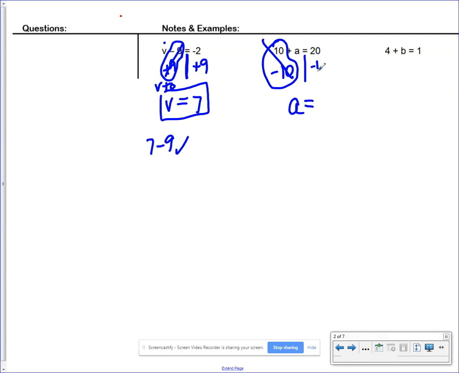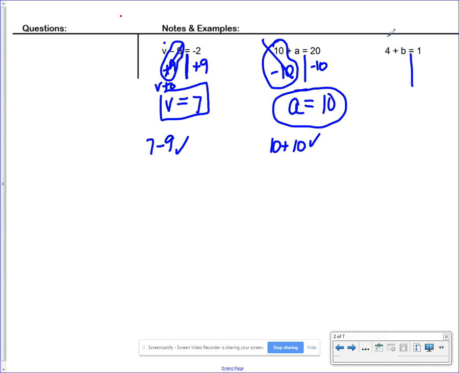However, you have to be fair and do the same thing over there. If you have siblings, I know that in your house at one point in your life, you have uttered the words, "That's not fair." You have to be fair when we do equation solving. I plugged 10 in for A right there. 10 plus 10 is 20.